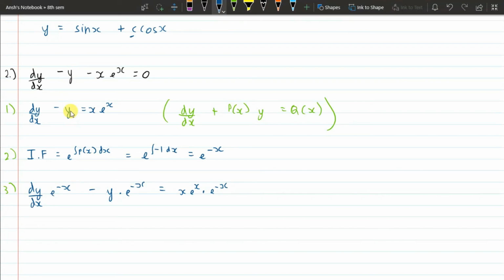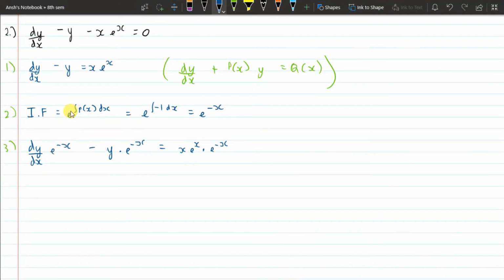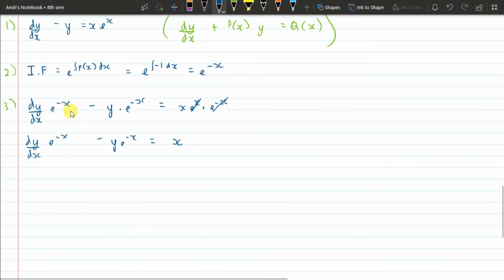And we'll simplify this a little more. So we have dy over dx. The left hand side remains as it is, but on the right hand side, these two terms cancel out. We are left with e to the power 0, which is just 1. So x into 1 is just x. So we rewrite that.